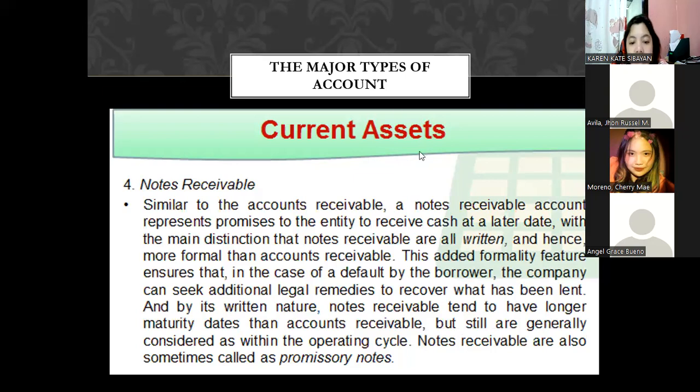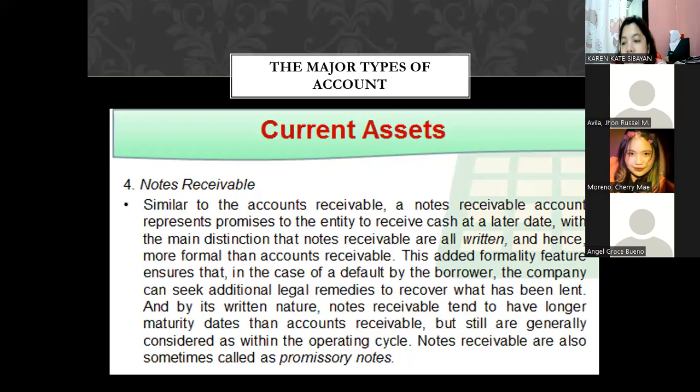Of course, with the main distinction that notes receivables are all written and hence more formal than accounts receivable. This added formality ensures that in the case of default by the borrower, the company can seek additional legal remedies to recover what has been lent.